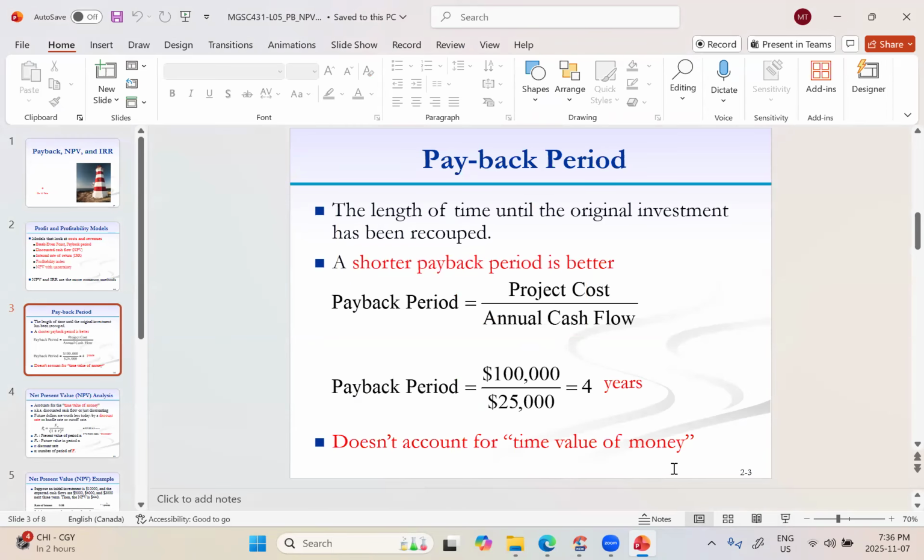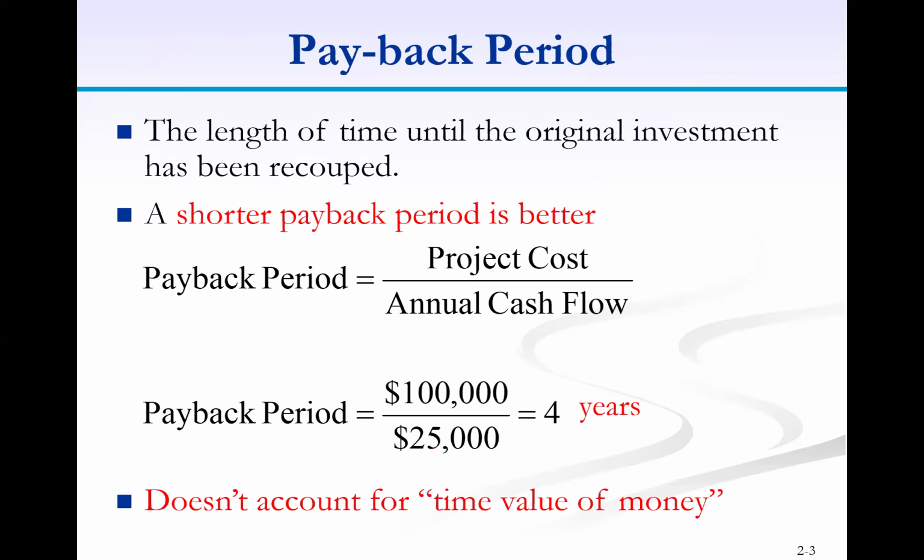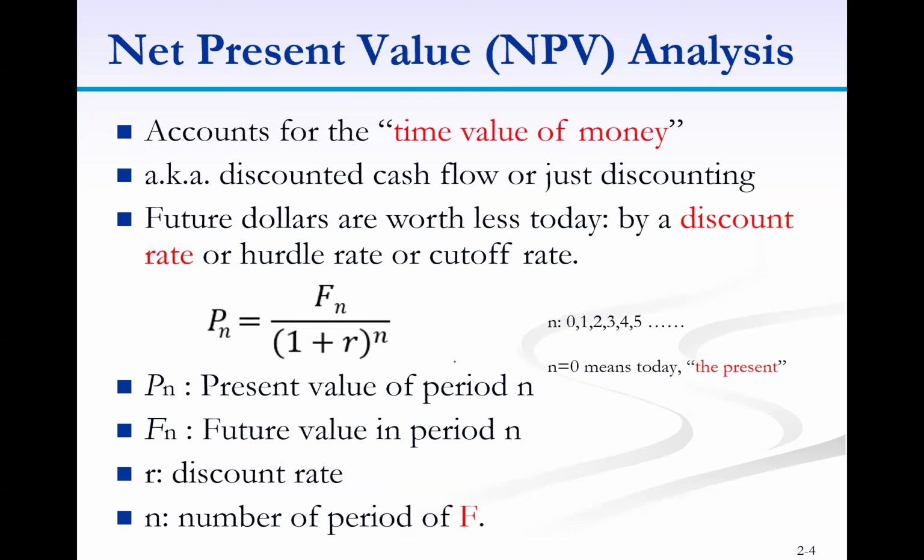Not bad. The lecture I was teaching here, the other lecture notes, is uncertainty analysis. Project cost is $100,000. Annual cash flow, which means cash in minus cash out, net is 25,000. So it takes 4 years for me to get that 100,000 back. That is the payback period.